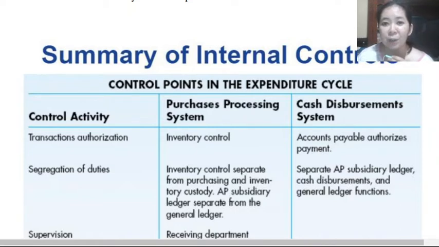For segregation of duties, in purchasing, inventory control will be separated from the purchasing and inventory custody. Accounts payable subsidiary ledger will also be separated from the general ledger, if that is possible. For the cash disbursement, separate accounts payable subsidiary ledger and cash disbursements and general ledger functions should be maintained.